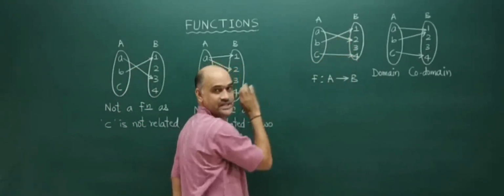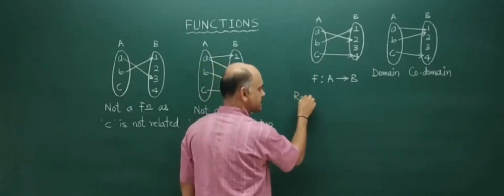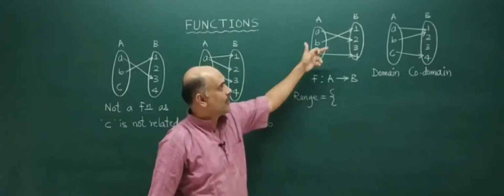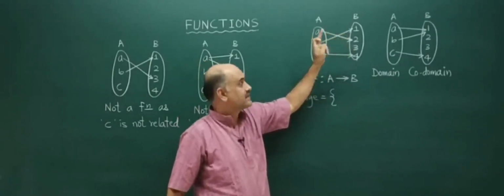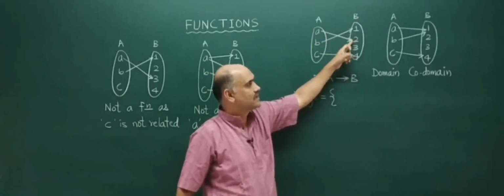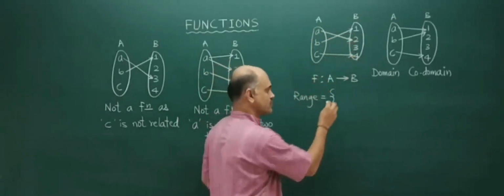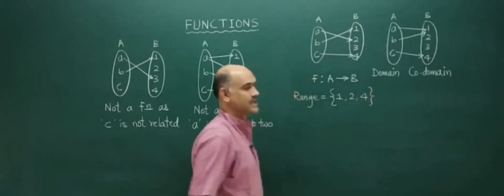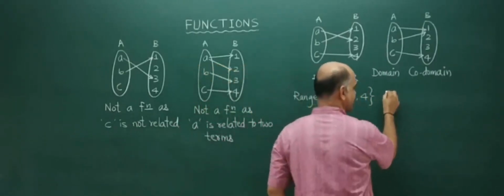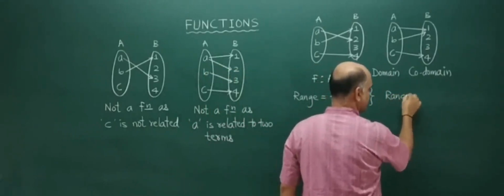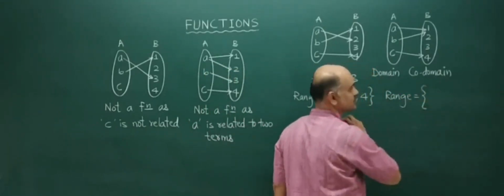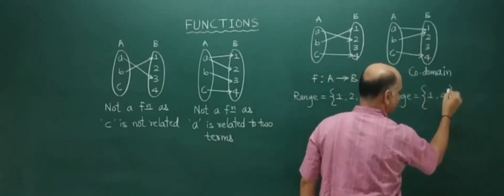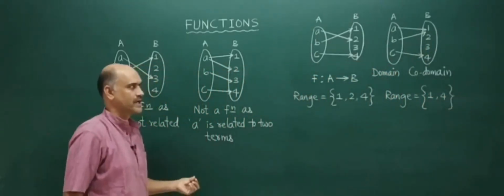So in this first example, range is equal to the set of all elements which are related. So related elements are 1, 2 and 4. So 1, 2, 4. Similarly, in the second example, range is equal to 1 and 4, as only two elements are related.